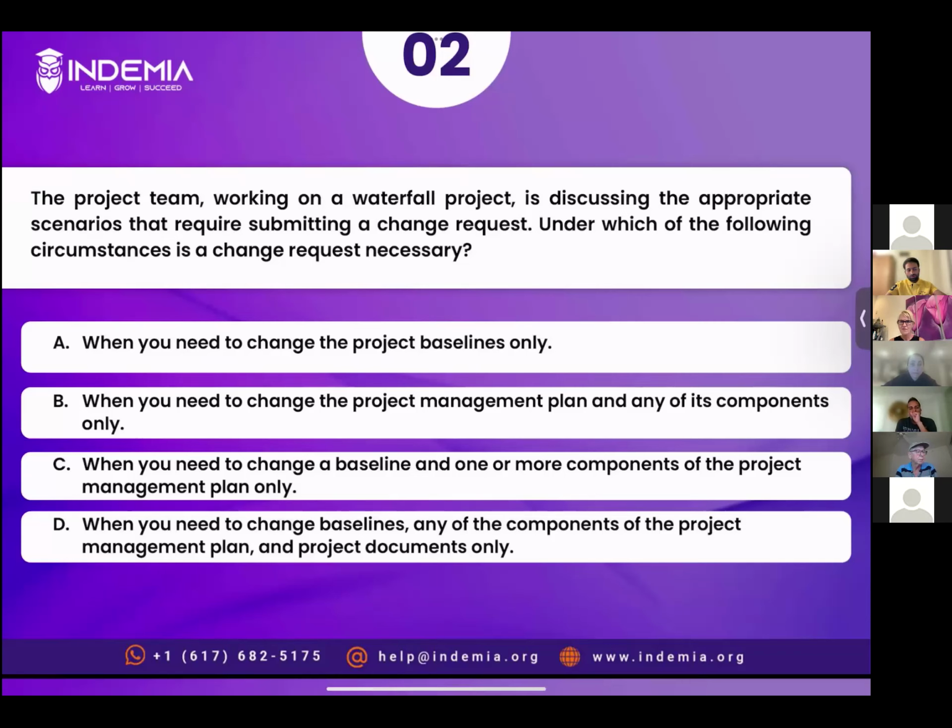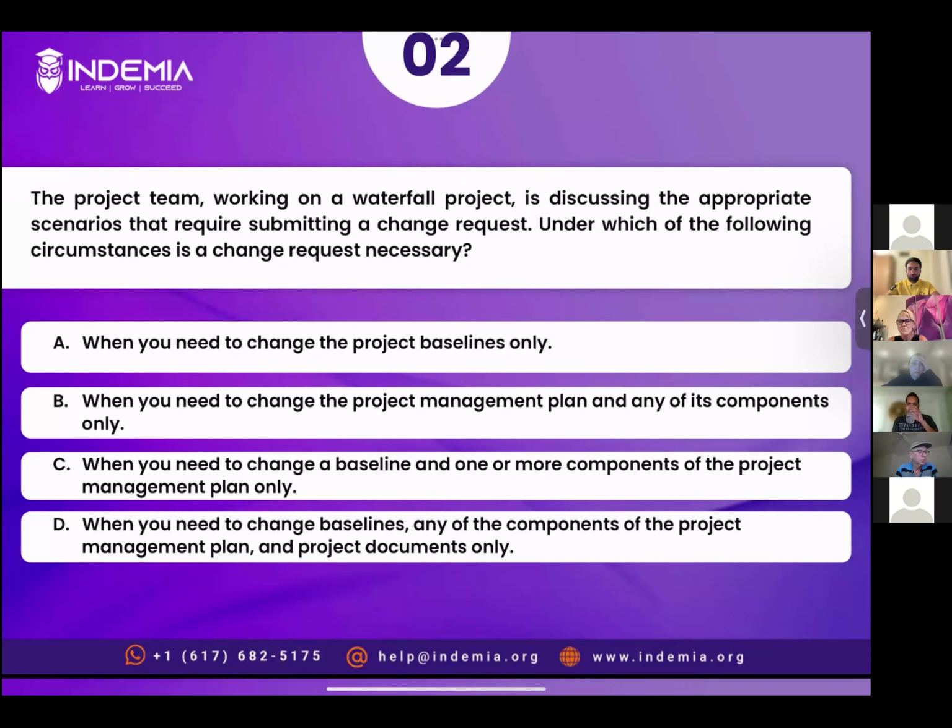If you all recall, we solved a question in the stakeholders section, I guess, where there was a change in the stakeholder community and new information needed to be updated in the stakeholder register. And we discussed that in order to update the stakeholder register, you don't need any change request.